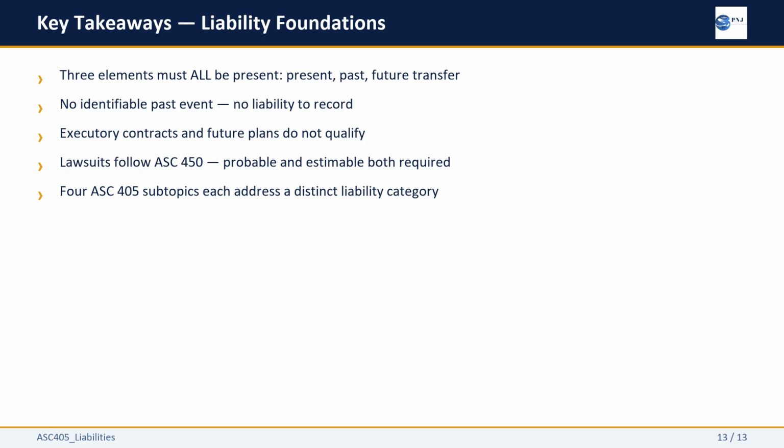Lawsuits and contingencies follow the separate ASC 450 framework. And the 4 subtopics of ASC 405 each address a distinct area, from general recognition to extinguishment to joint and several arrangements. Thank you for completing this section on liability definitions and foundations.